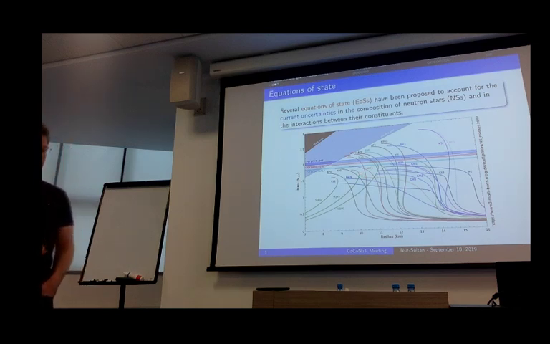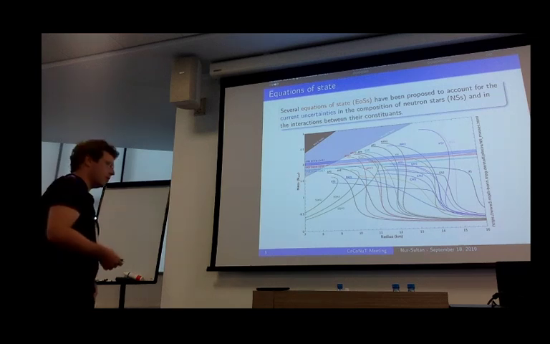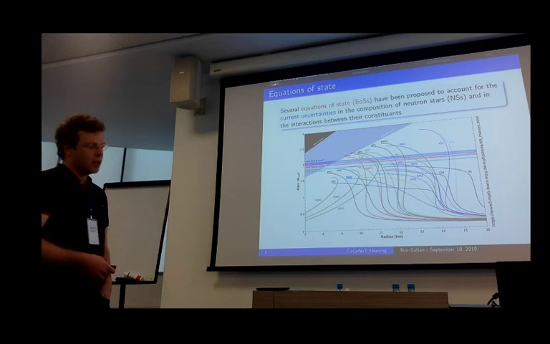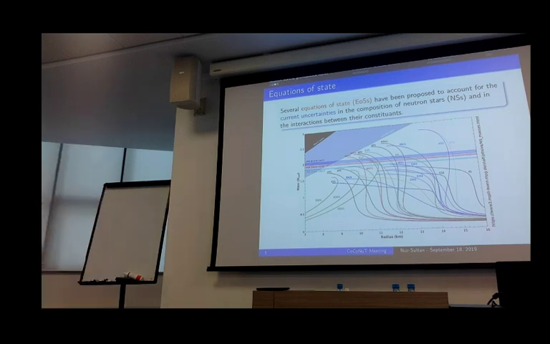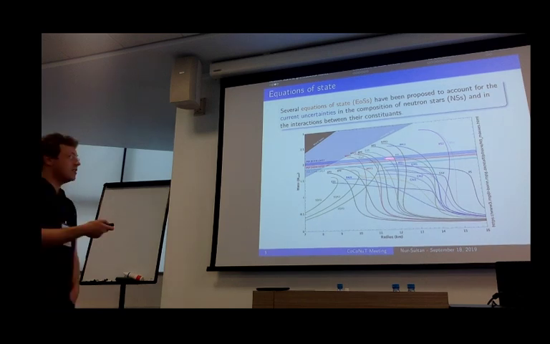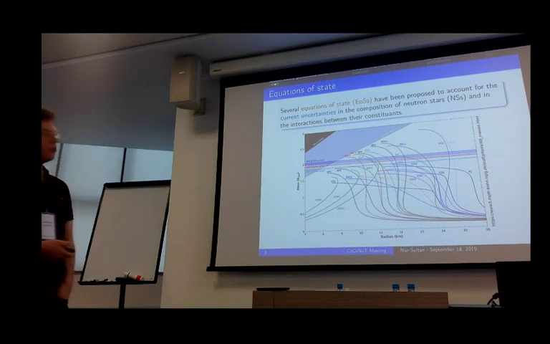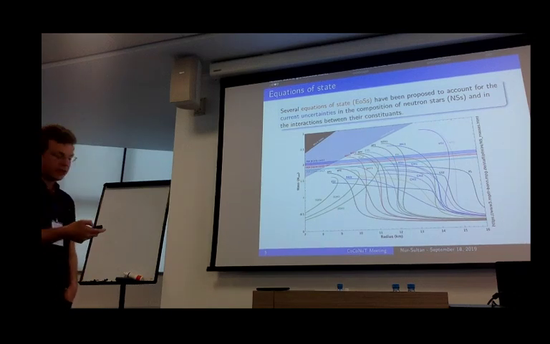We also have some constraints on the radius of a neutron star from their thermal emission or X-ray bursts in low-mass X-ray binaries, but these constraints remain quite uncertain. So until 2017, the only constraints we had on this mass-radius relation came from electromagnetic observations.